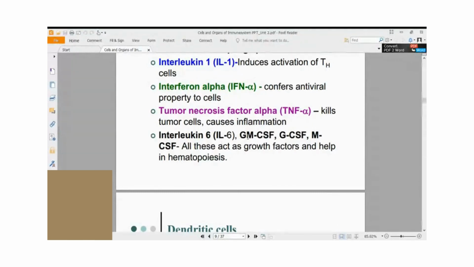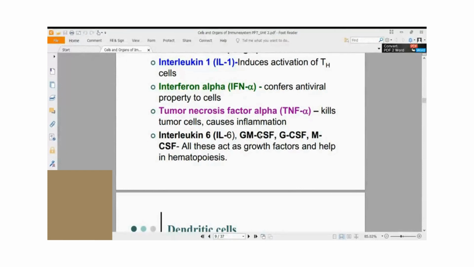Okay. What is GM-CSF? G for granulo, M for mono. So granulocyte monocyte colony stimulating factor, GM-CSF.